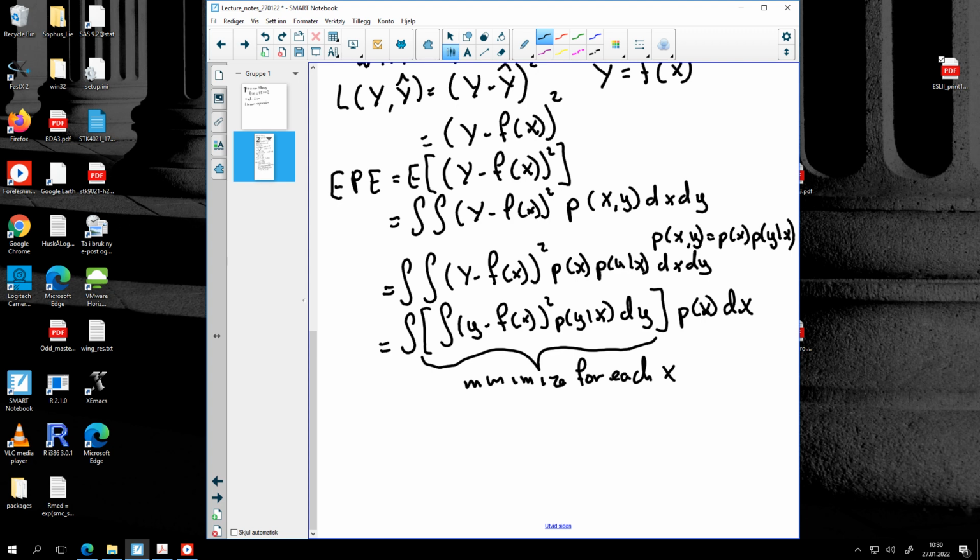So this means that we need to find f of x, which is the value, and I write this as the argmin, the value, let's call it c, which minimizes this inner integral, where I now just put in a value c for f of x, of y minus c squared p of y given x dy. So this is the task that we now want to minimize.